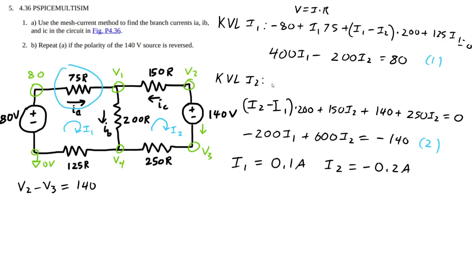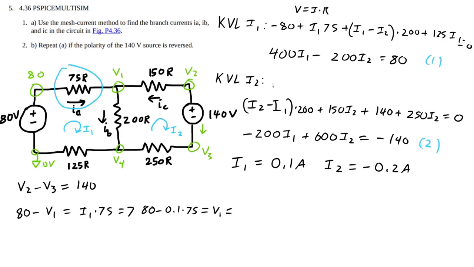So anyway, let's go ahead and do V equals I times R. So 80 volts minus V1 equals I1 times 75. So we can find V1 is going to be 80 minus 0.1 times 75.